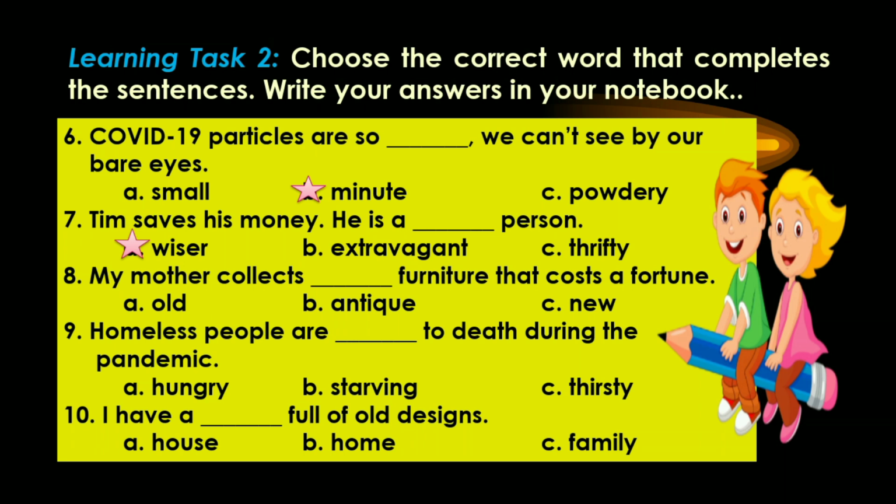My mother collects blank furniture that costs a fortune. Old, antique, or new? The answer is antique. 9. Homeless people are blank to death during the pandemic. Hungry, starving, thirsty. The answer is starving. And last, number 10, I have a blank full of old designs. I have a house full of old designs. Okay, so that's it.